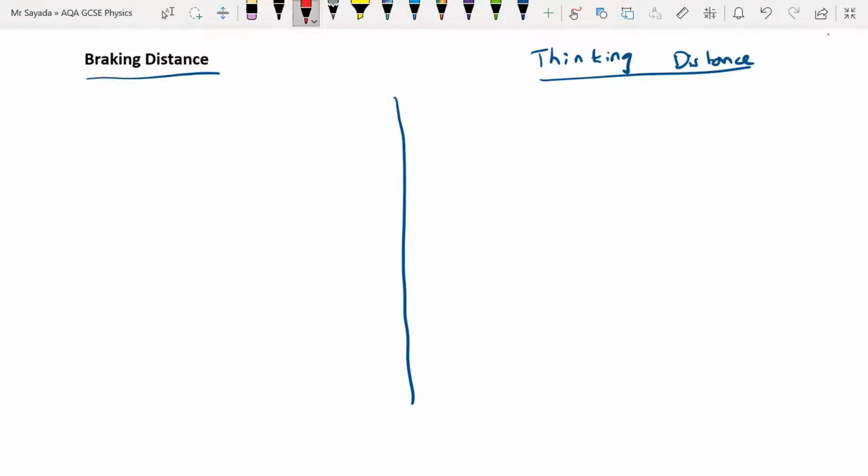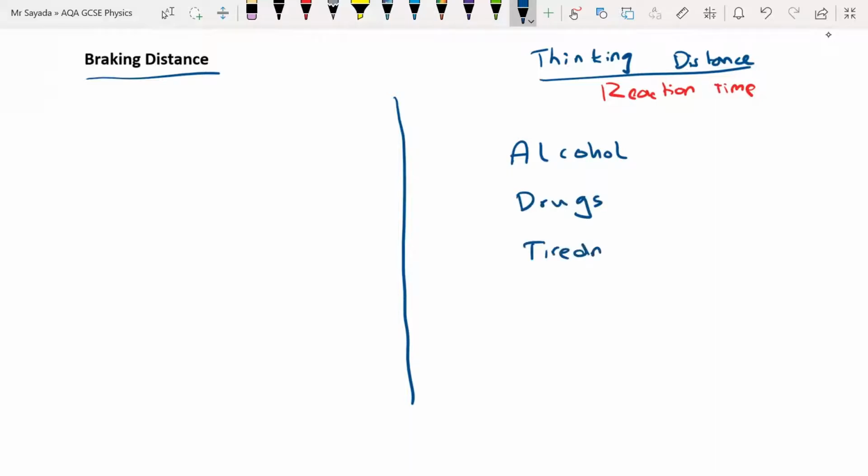Thinking distance depends on reaction time, so how fast you can react to the problem in front of you. So the kind of things that are going to affect your thinking distance are the kind of things that are going to slow you down. The kind of things that might slow you down are alcohol, drugs, tiredness, or distractions like mobile phones or other people in the car.